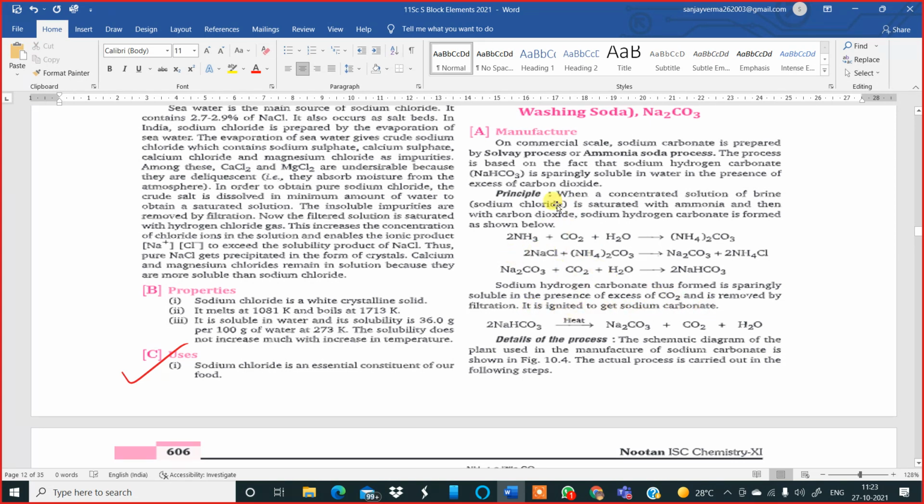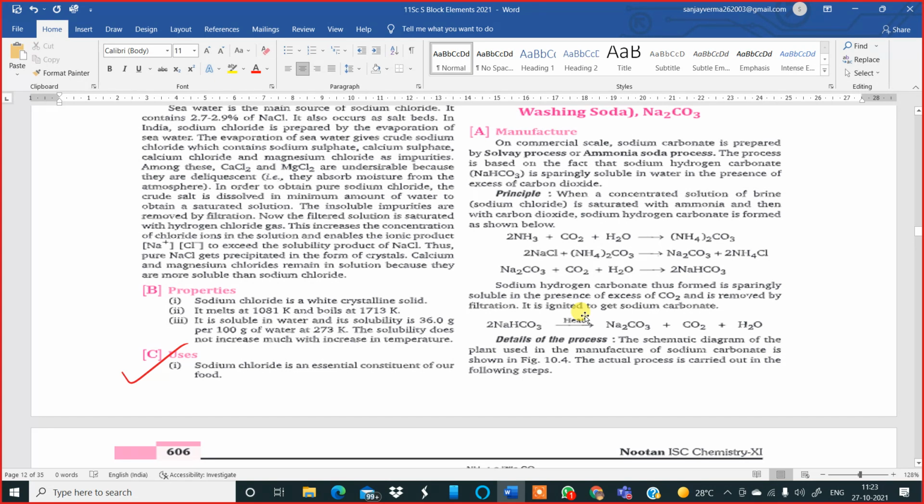So the principle over here is that when ammonia gas and carbon dioxide are mixed with water, they form ammonium carbonate, which when reacted further with sodium chloride gives a bicarbonate. Now this bicarbonate, upon heating, produces the sodium carbonate salt. Only the equations are required.